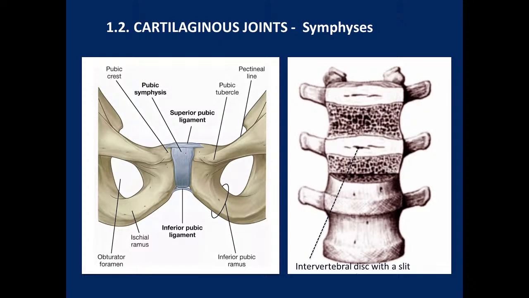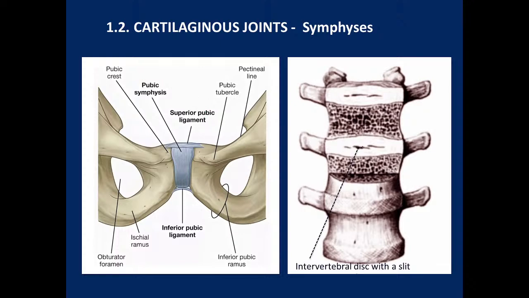Symphysis. This is a cartilaginous joint in which the ends of the articulating bones are covered with hyaline cartilage. It has a slit inside.